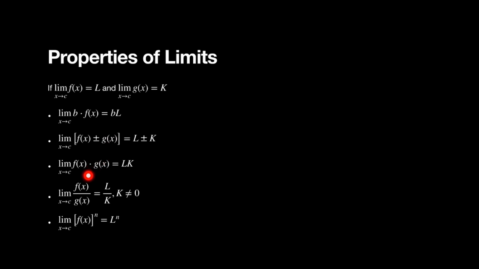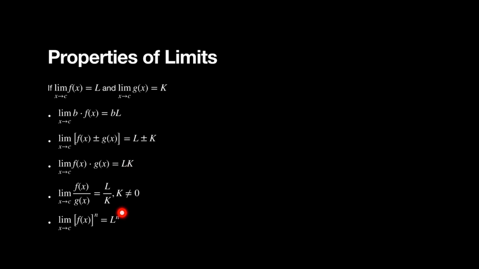If you want to find the limit of a product, the limit of f times g, that's going to be L times k. So this is saying if you want to find the limit of a product, you can find the limit of each piece and then multiply those answers together.